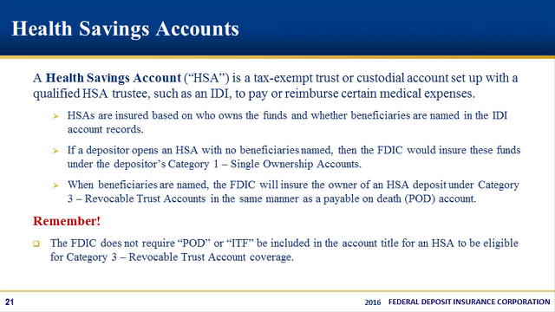The FDIC does not require POD or ITF to be inserted into the account title. The identification of the account as an HSA, such as John Smith's HSA, and the listing of beneficiaries in the deposit account records are sufficient for titling the account to be eligible for Category 3 revocable trust coverage.